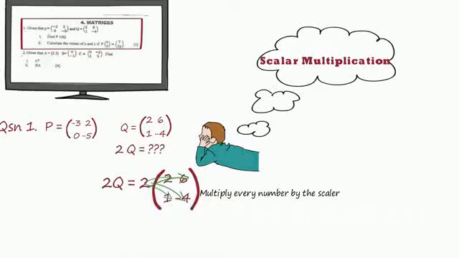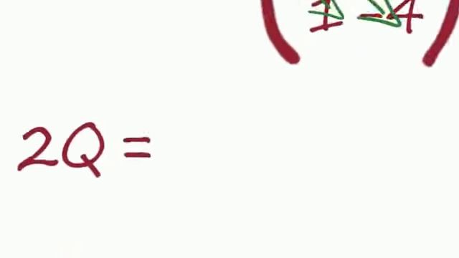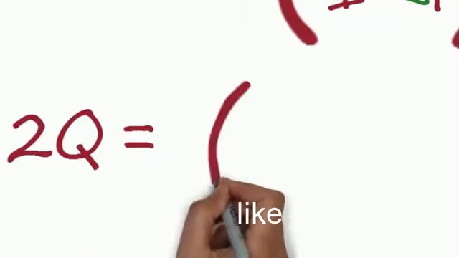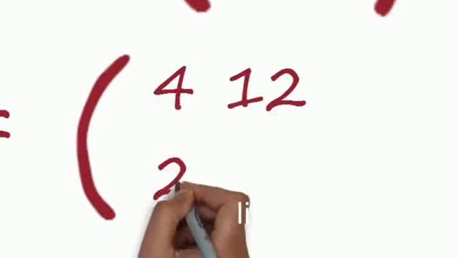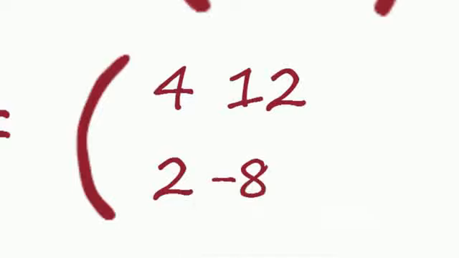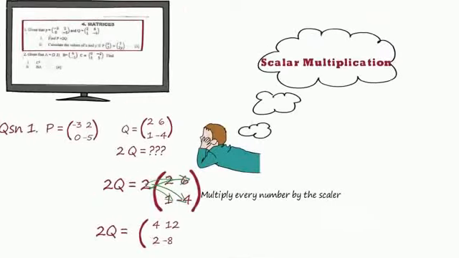We are multiplying everything by the scalar. So that's scalar multiplication. After calculating, we get the matrix 4, 12, 2, and minus 8. So that's 2Q.